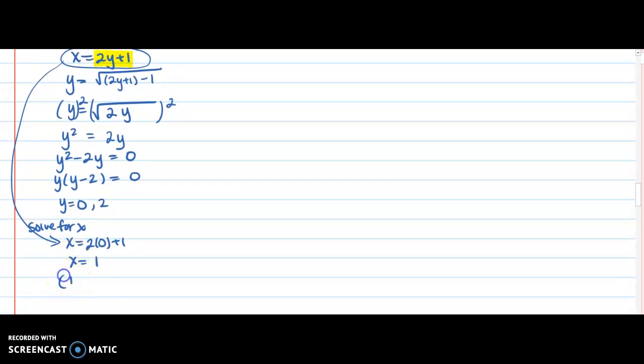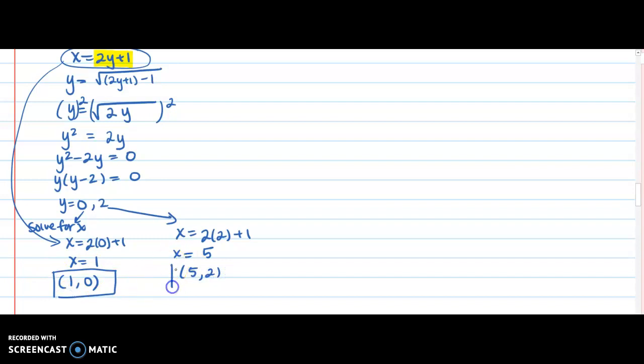So that's the ordered pair 1, 0. If I take this y value, same equation, x equals 2 times y, which is 2, plus 1 will give me 5 for x. So I have the ordered pair 5, 2.